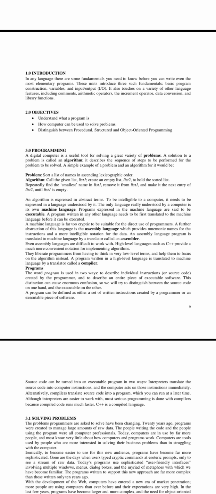And so further down the paragraph, we see high-level languages like C++ provide a much more convenient notation for implementing algorithms. They liberate programmers from having to think in very low-level terms. Look at that. High-level languages ease programmers from having to do a lot of thinking in low-level terms, closer to machine language, and let them think in their own natural English or high-level languages.